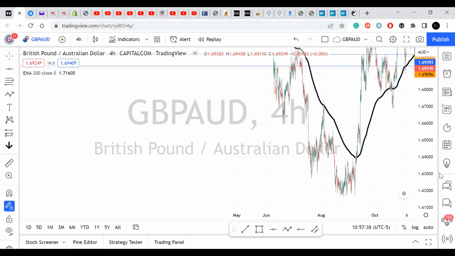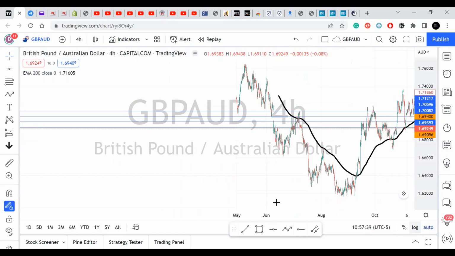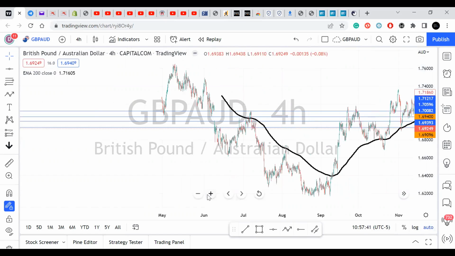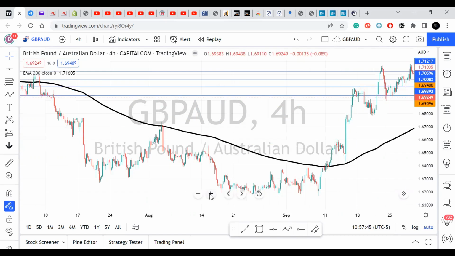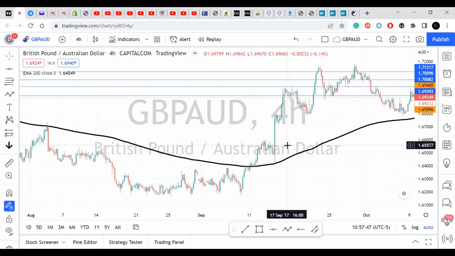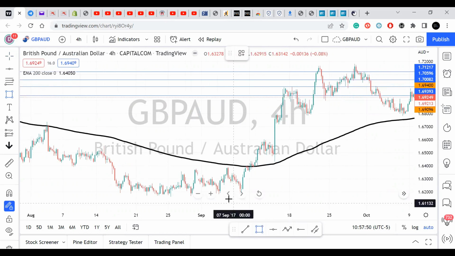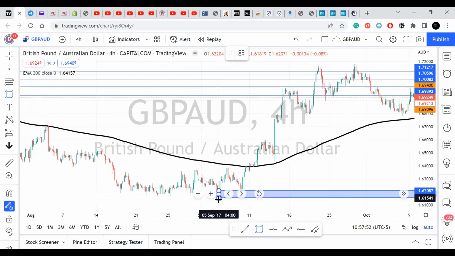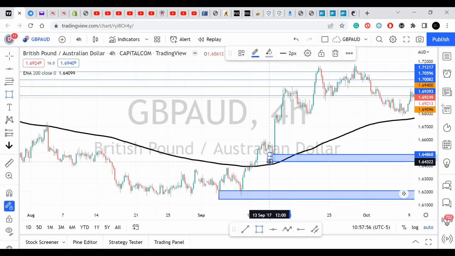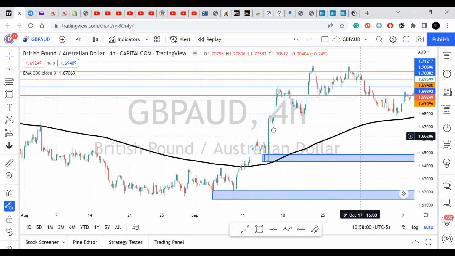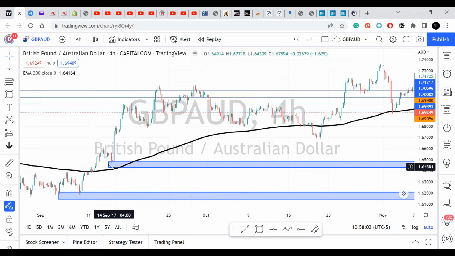Other zones like here. Next one here. See that price pushed all the way up.